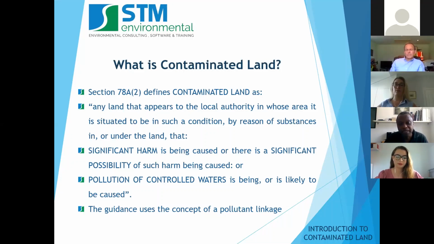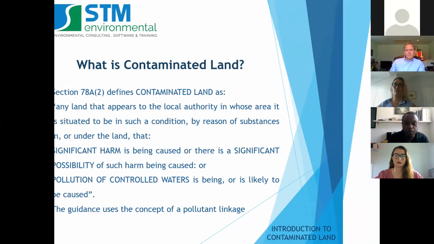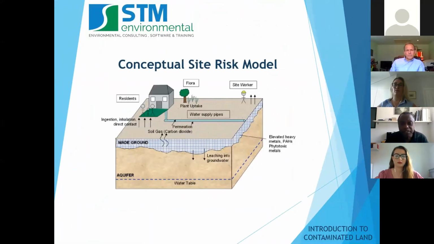But just the idea is you have to have a significant possibility of significant harm before the land can be contaminated. So if you just keep that in mind, you have to not just have contamination, you have to have a way that that contamination can impact the environment or humans. And so when you're thinking about that, the conceptual site risk model is very useful.